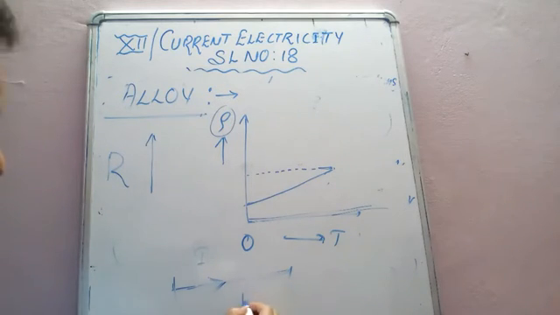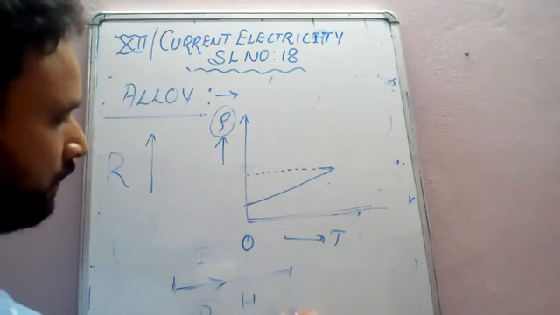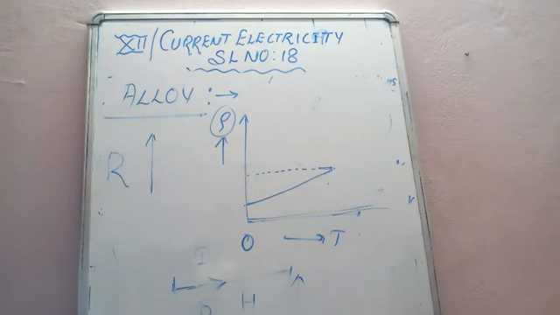Now if the heating of the wire is increasing, the resistance also starts increasing. If this is a conductor, the resistance increases to a maximum extent. If the initial resistance is Ri, after some time, if the whole material gets heated up, it will increase to a large extent in case of a conductor.